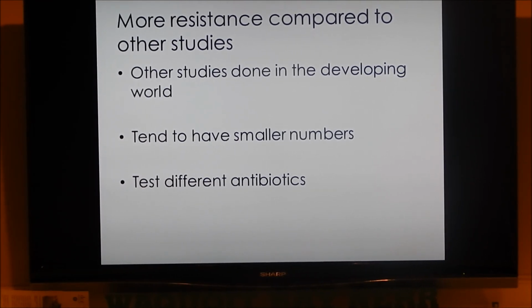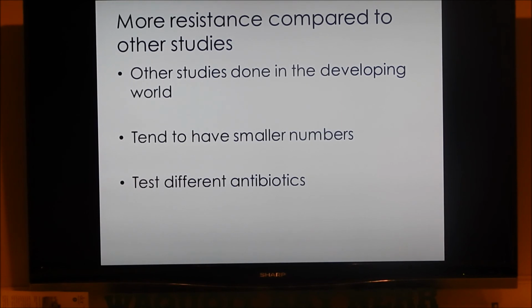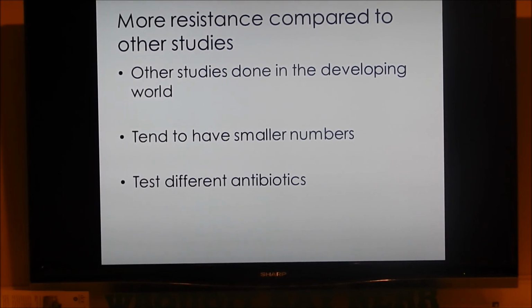So that could be another difference. And then one of the biggest and hardest things to tease apart is that they're testing different antibiotics. And you would expect that given a different antibiotic, you would get a different resistance amount. But the way the data is reported, it's hard to pull apart the different resistances. So that's something that remains to be worked on and remains to be compared.